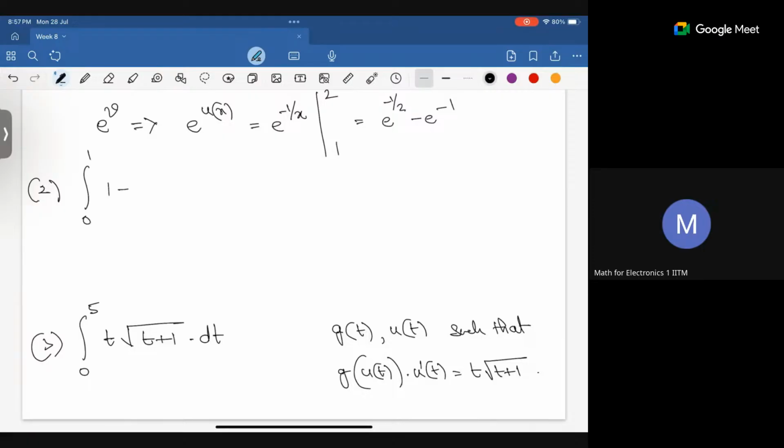Say 1 plus 5x whole cube dx. Or this is also very easy. Let us complicate our lives a bit.